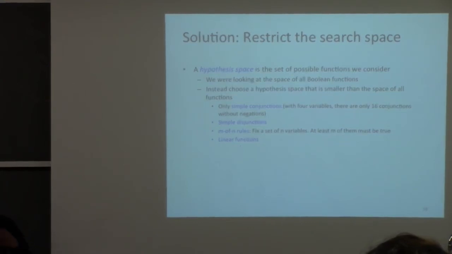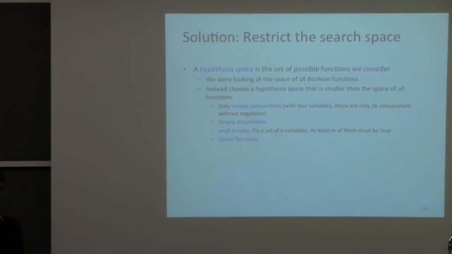You could define subsets of your search space, and my learning algorithm only looks at how well the functions in that search space are doing and picks the best according to some definition. At least for the next few lectures, by best I mean consistent, the one that agrees with all your data.